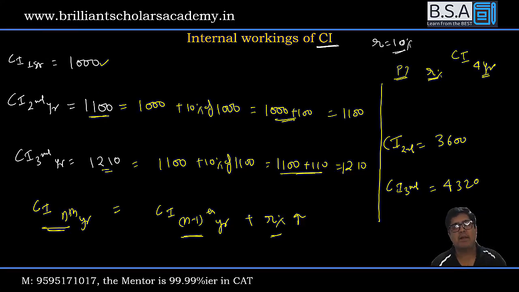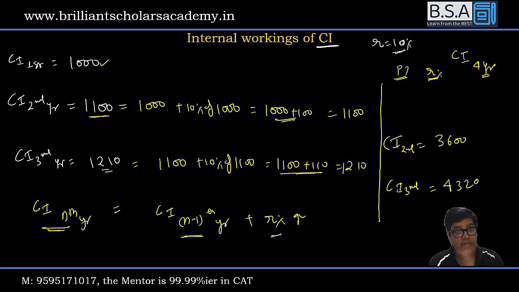For a certain principal and rate of interest, compound interest for second year is 3600.